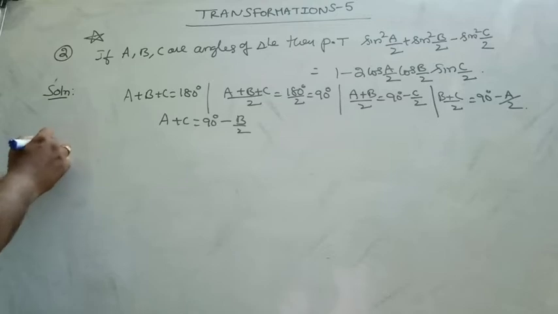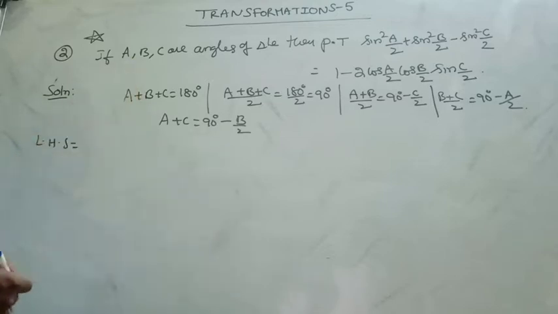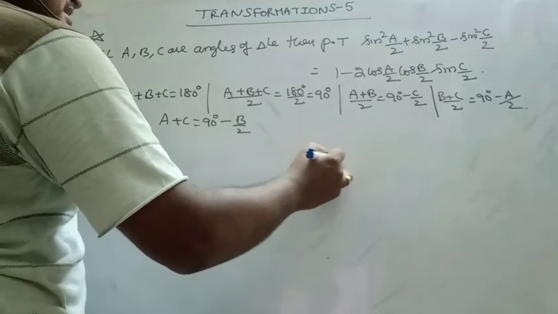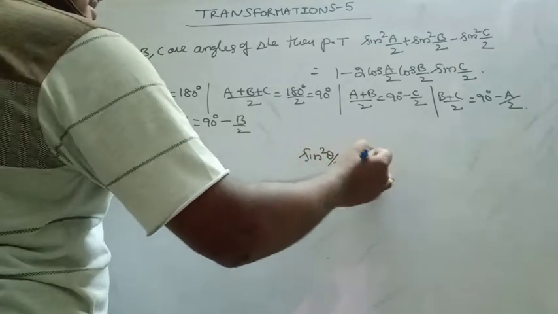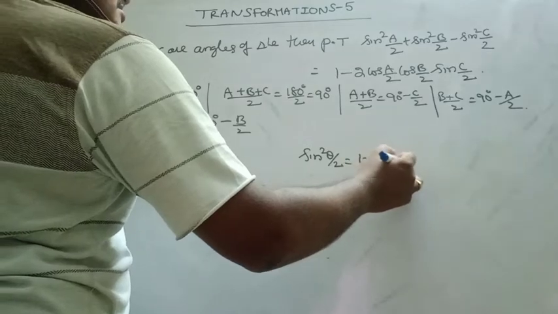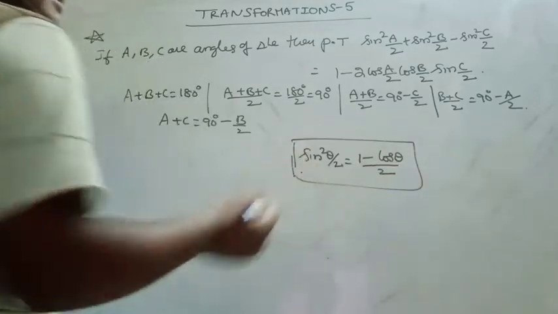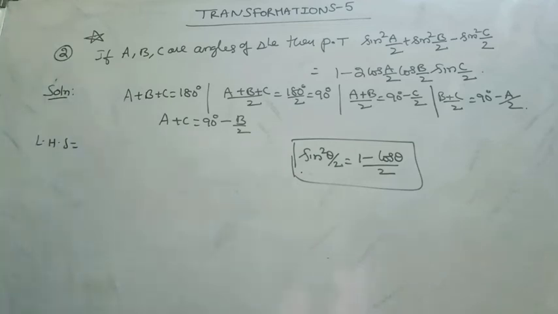Now let us take the left hand side. What we have is sin² A/2. We know, my dear students, that by the half angle formula, sin² θ/2 is nothing but (1 − cos θ)/2.